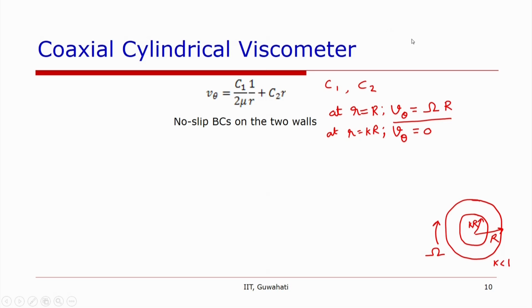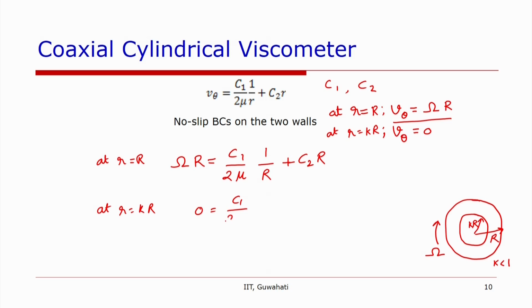If one substitutes these values here, then one will get at r is equal to capital R, v theta is equal to omega R is equal to C1 by 2 mu 1 over capital R plus C2 capital R, and at r is equal to kappa R, the velocity is 0, C1 by 2 mu 1 over kappa R plus C2 kappa R. Now this gives us a relationship between C1 and C2.